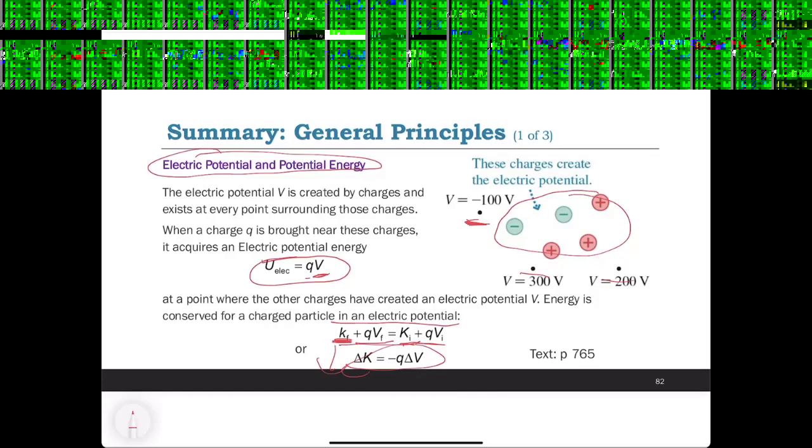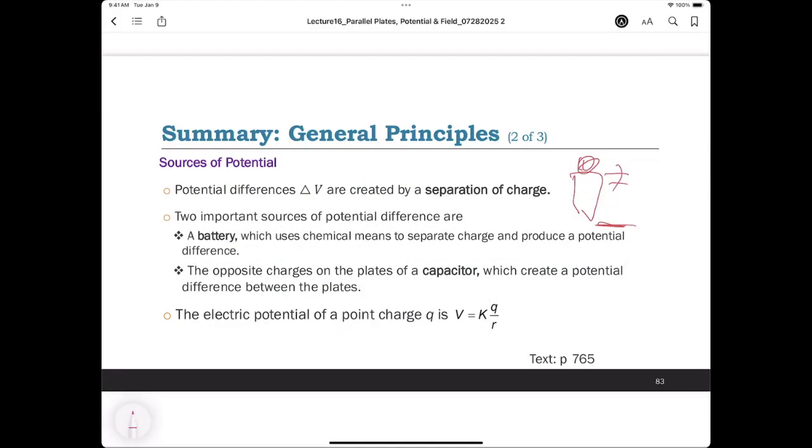And then we talked about sources of potential difference, like the voltage, which we also call voltage difference, delta V, created by a separation of charge. In a battery, the positive and negative charges are separated, which creates a potential difference.